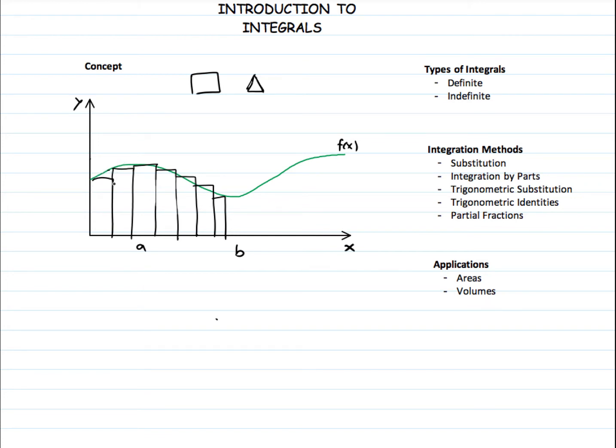So one of the ways to tackle this kind of problem is to try to make smaller and smaller rectangles, thinner and thinner rectangles. So what you're going to have is a rectangle here, another rectangle here, and another one here, and we continue so on. Now, the difference when we do it with thinner rectangles is that we are reducing the width of each rectangle, but we are also increasing the number of rectangles that we're going to need.